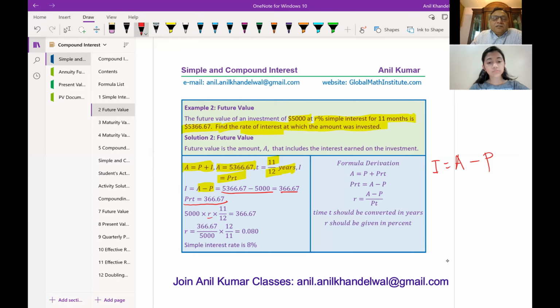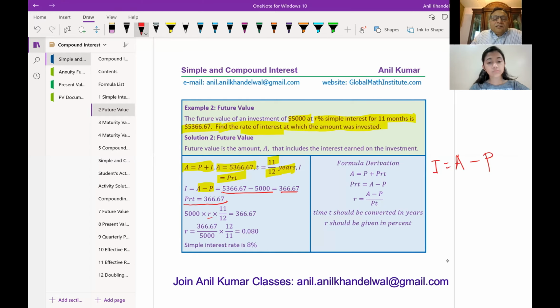And when you multiply, you can add like this, 1.40, and what you get is 1400. And that is the amount. So, what is the interest earned? Well, the interest is the difference of amount and what you invested. So, it is 1400 minus 1000, and you earn $400 as interest.